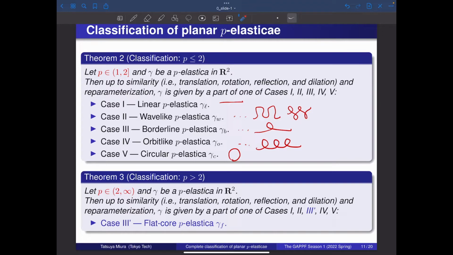Case 1, case 2, case 4, case 5 are exactly the same as the previous case. But in case 3, we have a different type of solution, so we denote it as 3 prime. In this case 3 prime, we have flat core, the so-called flat core p-elastica.